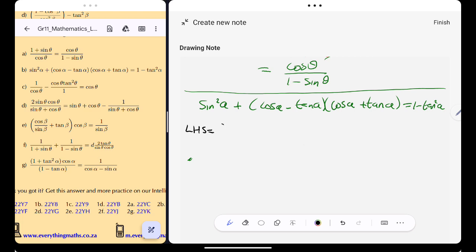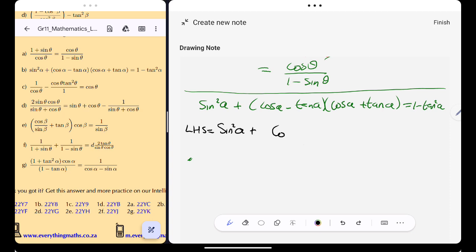Okay, already I have a sine squared a there, plus, inside the brackets I can see this is a factorized version of the difference of two squares, because the first terms are the same, the second terms are also the same, and then the signs differ. So this implies that I had a difference of two squares which was factorized.